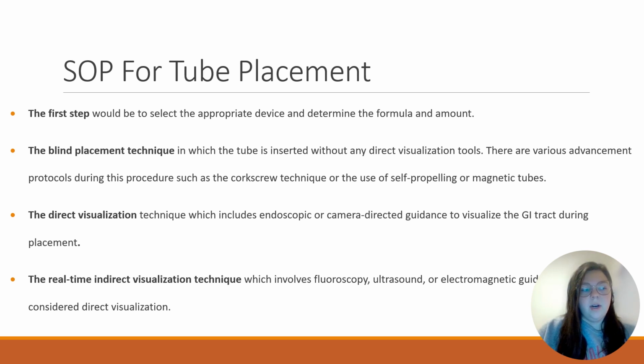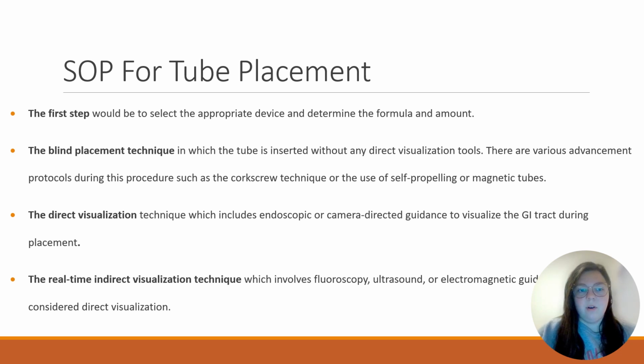So, other standard procedures for tube placements can include the blind placement technique, direct visualization, and the real-time indirect visualization technique. The first step is always to select the appropriate device, the appropriate timing, amount, ensuring that you have the correct procedure and patient. The blind placement technique is a standard of practice in which the tube is inserted without any direct visualization tools.